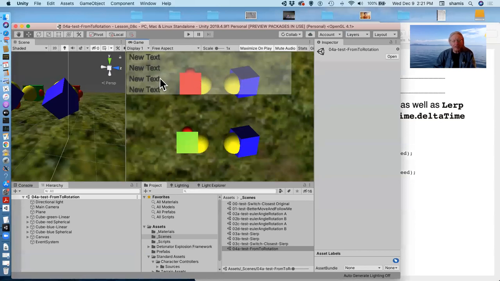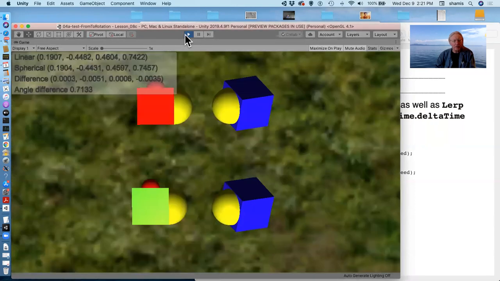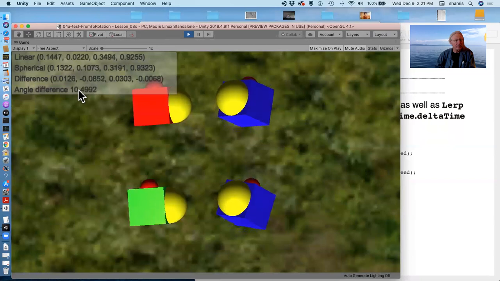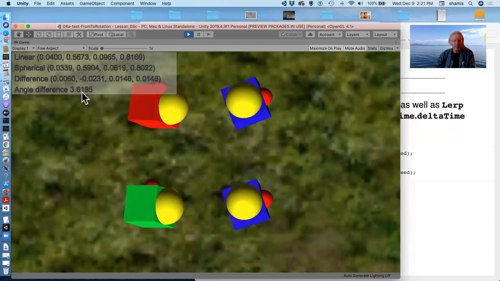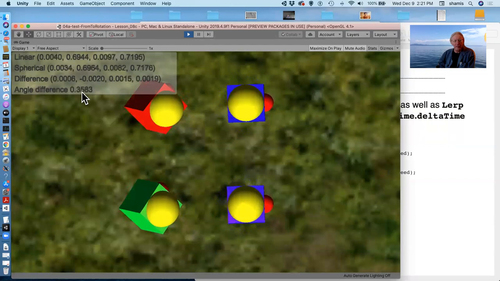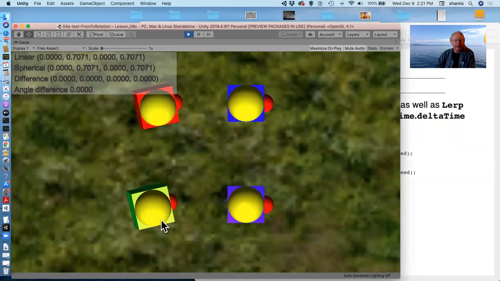What we'll see up here in the text is the difference between the quaternions as they go linearly and spherically from one orientation to the next. The differences are fairly subtle, but they do differ by a few degrees. Here's the angle difference between them, which is a maximum of about 10 degrees angular difference between the two of them. And there they're settling down. And the other two here that are following them along slowly eventually reach it too.